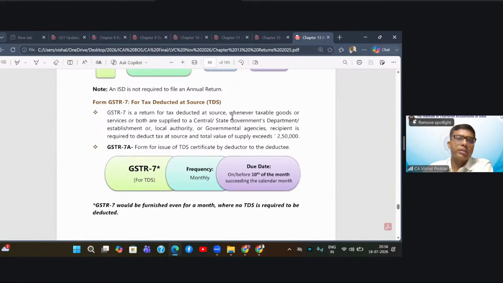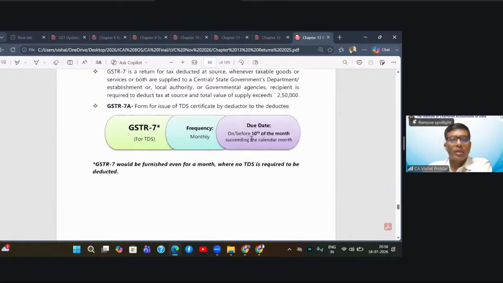Then comes a TDS return in GSTR 7. So it is the return for TDS where taxable goods, services or both are supplied to government, a government department or local authority or government agency, and the total value of this supply exceeds 2.5 lakh. This we have already seen, that when TDS is applicable. Now, GSTR 7A, this is the form for issue of TDS certificate by the deductor of the TDS to the deductee.